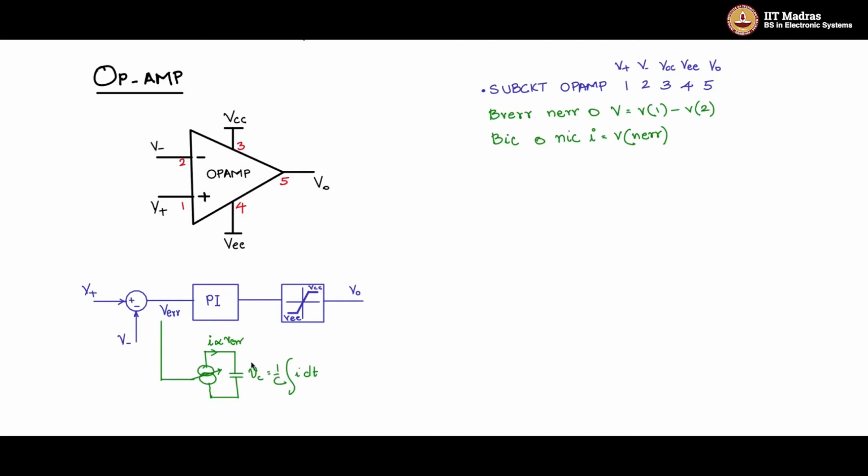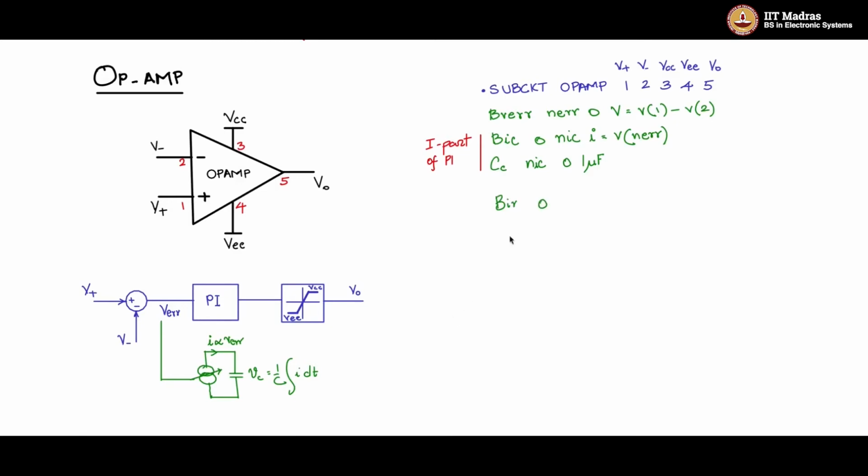So that's what I want to incorporate. So I will say C, let's say this is the CC or the C control, between NIC and 0, the same two terminals of this in a proper direction, and let's say 1 microfarad. So this is nothing but the I part of the PI control.